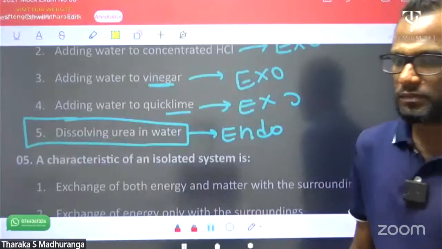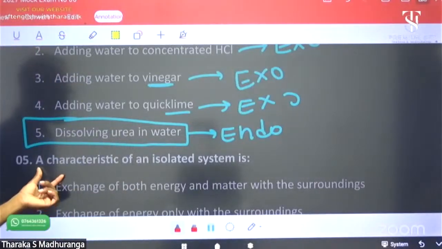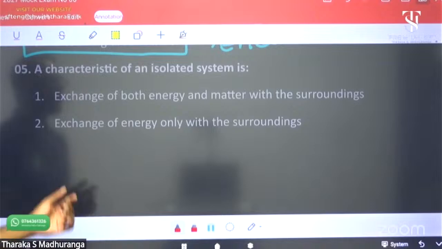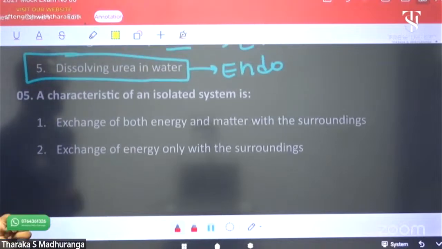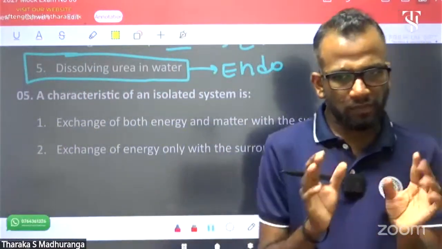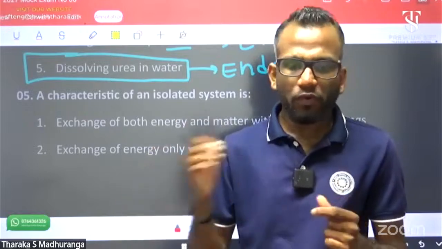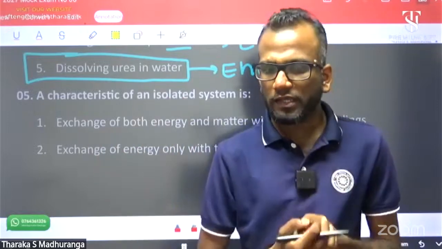Okay, dissolving urea. I told you how many endothermic reactions are given in our syllabus: urea and water, glucose and water, and what else?